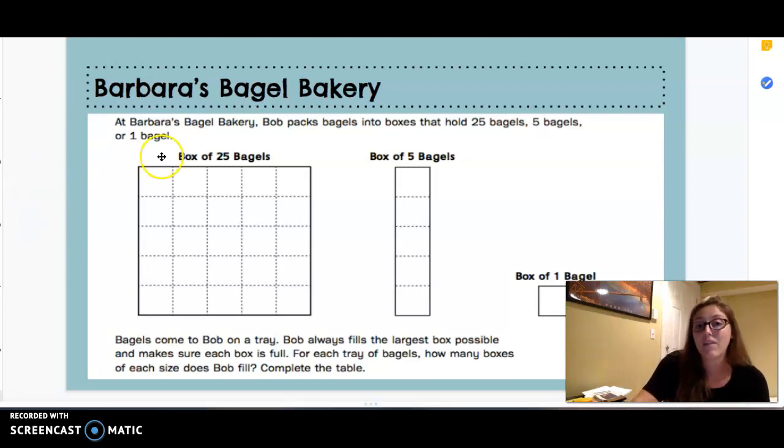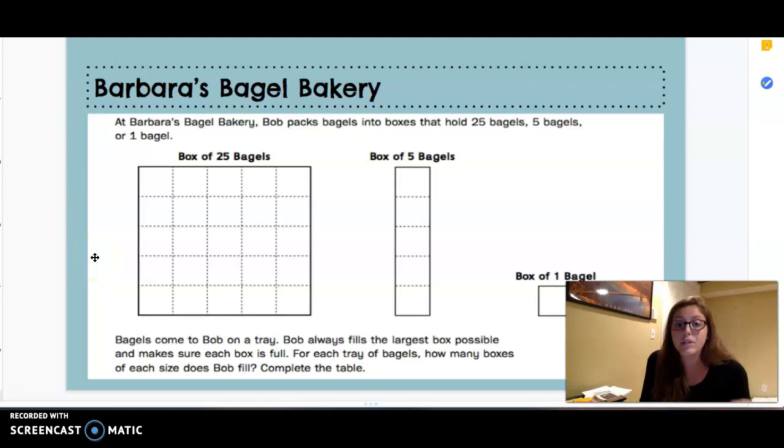We can see here we have a box of 25 bagels, a box of 5 bagels, and a box of 1 bagel. Bagels come to Bob on a tray, and Bob always fills the largest box possible and then makes sure to fill each box till it's full. For each tray of bagels, we need to find out how many boxes of each size Bob needs to fill.